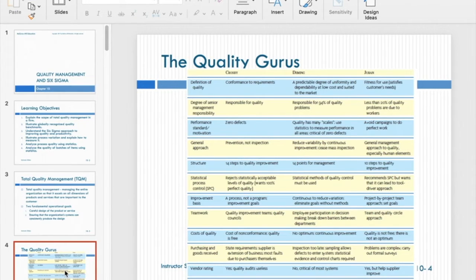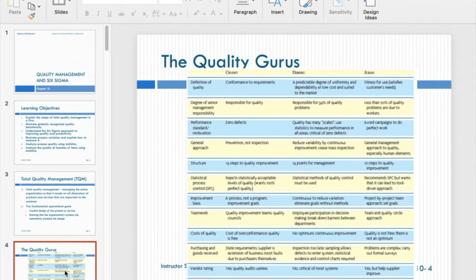Now let's go to the quality gurus. This picture is directly from the textbook. I just talked about some fundamental things related to quality management, but people may wonder what the different dimensions are, what things should be included when we talk about quality.